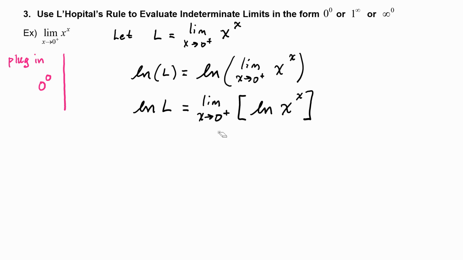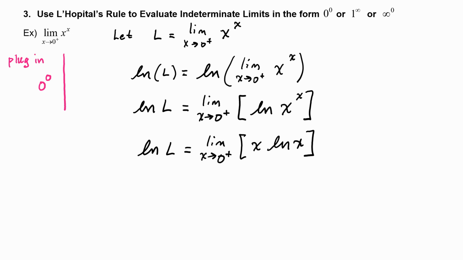Now, the reason we want to be able to do that is because the natural log allows us to take that exponent and bring it down front. So now we have the natural log of L is equal to the limit as x goes to 0 from the right of x natural log of x.